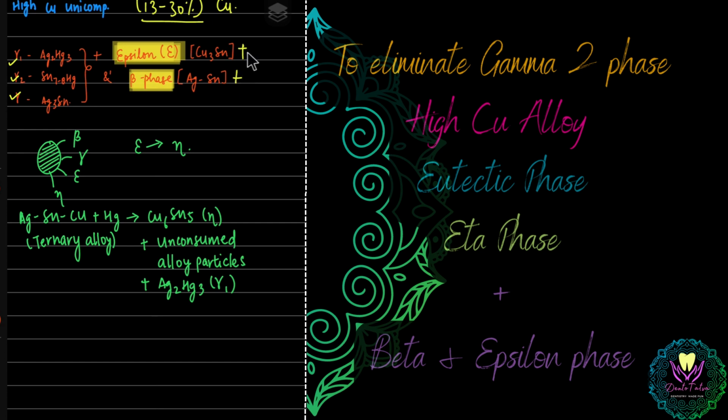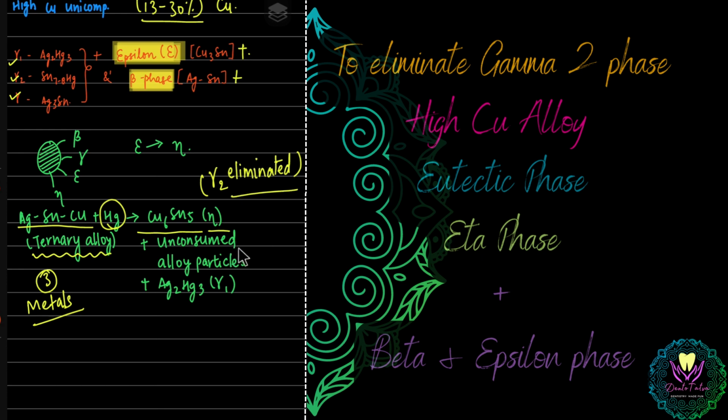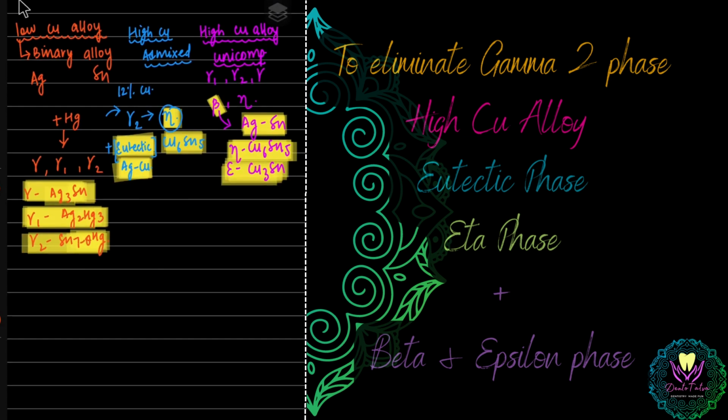In short, if I have to summarize, low copper amalgam will have three main phases, gamma, gamma 1 and gamma 2. Gamma being the strongest phase with no mercury in it, that is Ag3Sn. Gamma 1 being the noblest phase, that is Ag2Hg3, and gamma 2 being the weakest phase, that is Sn7-8Hg. Now to completely remove the gamma 2 phase, I have added eutectic phase, that is high copper admix.